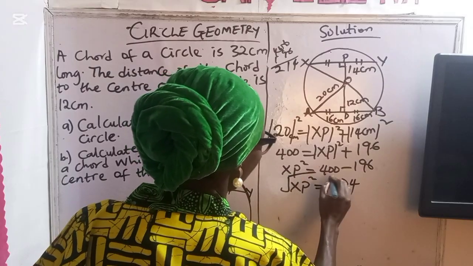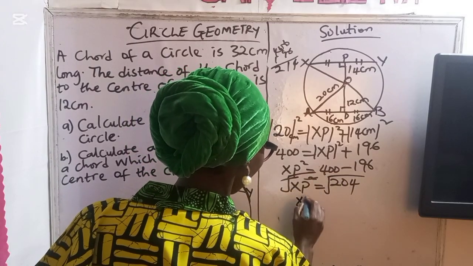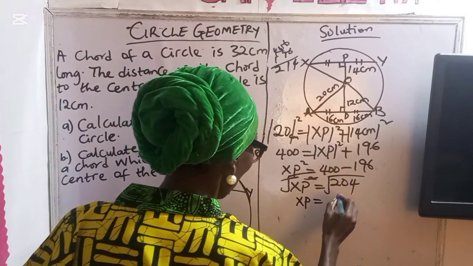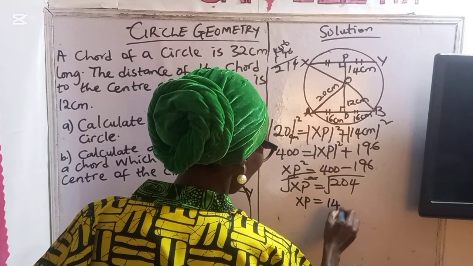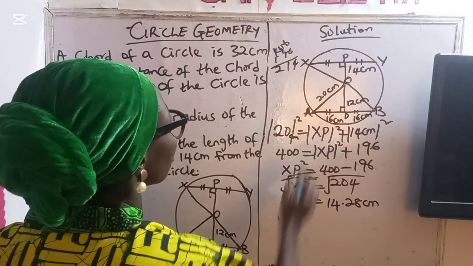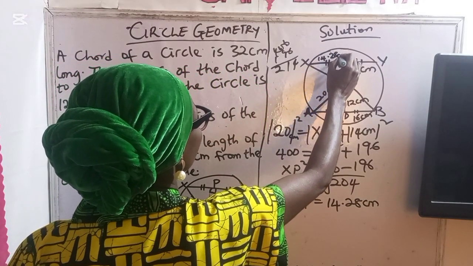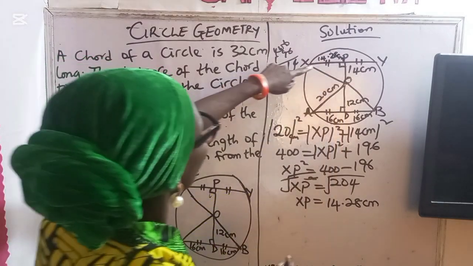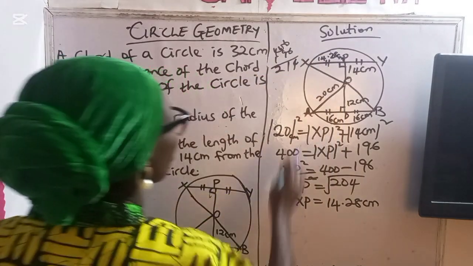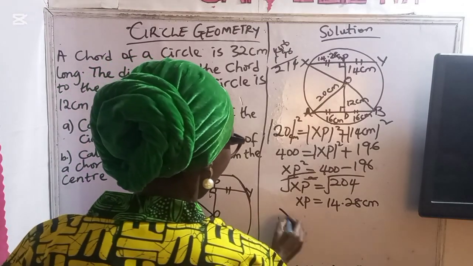We take the square root of both sides. So XP, when we use our calculator, will give us 14.28 centimeters, right? This is 14.28 centimeters.